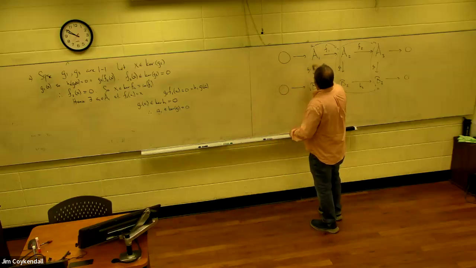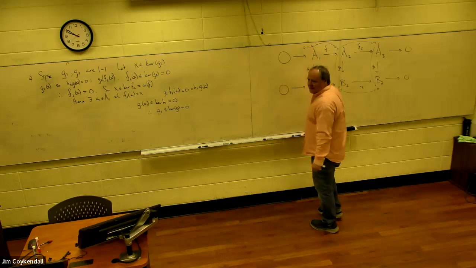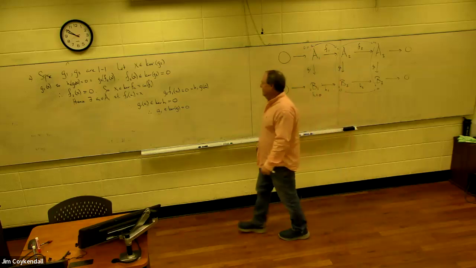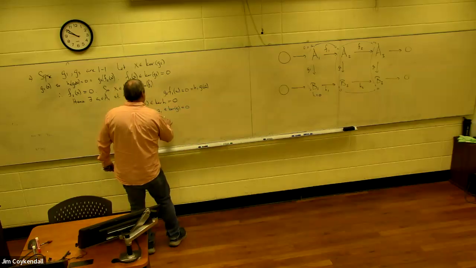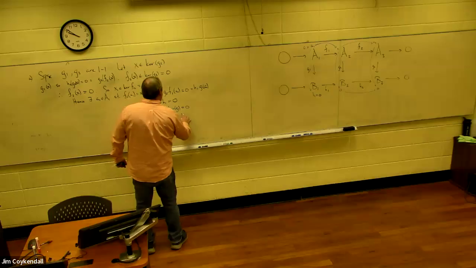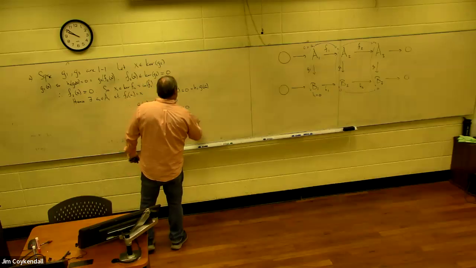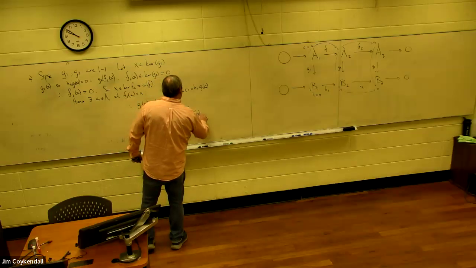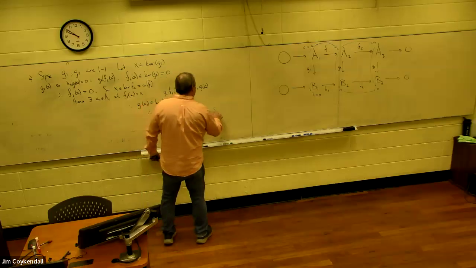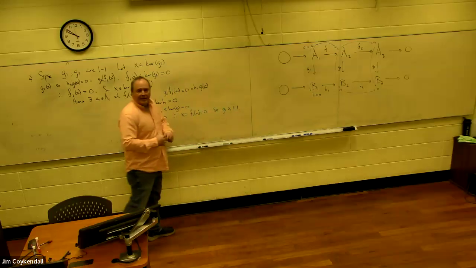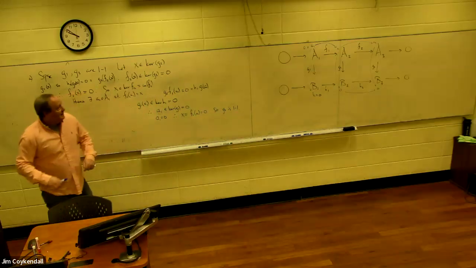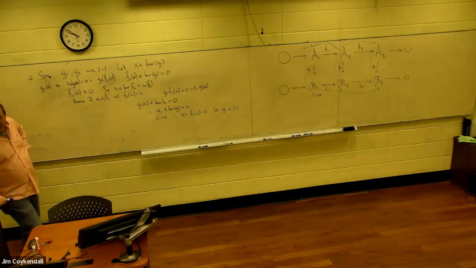So A1 is 0, right? Therefore, X, which by definition is F1 of A1, is equal to 0. So G2 is 1 to 1. Everybody okay with that?